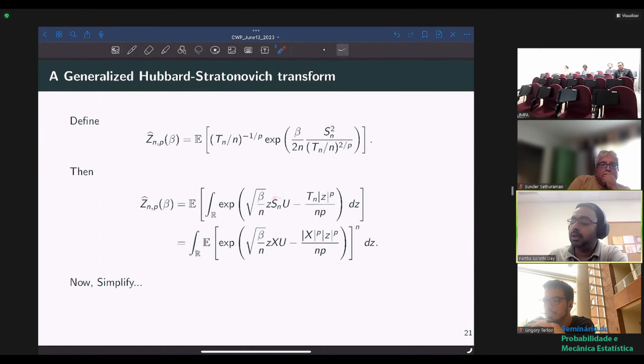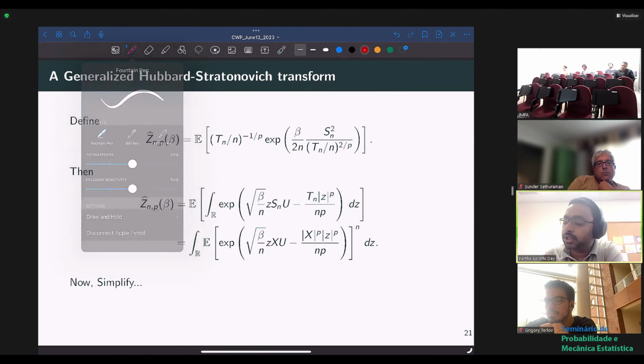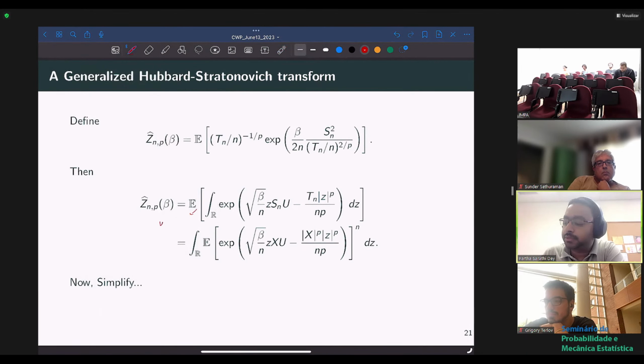So we can write the expectation with respect to S_n and T_n, but now these two are linear, because S_n is the summation of x_i, and T_n is the summation of |x_i| to the power p. So if I take the sum outside as a product and take the expectation, this expectation is with respect to everything: with respect to u, and with respect to x_1, x_2, ..., x_n.